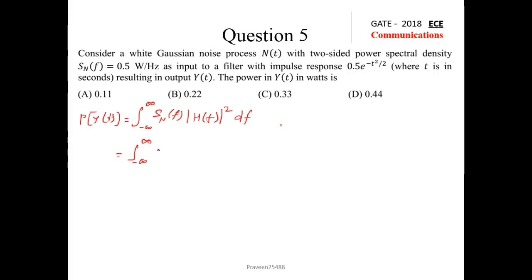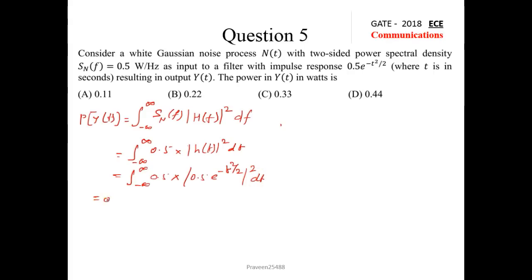So Sn of f is given 0.5, and using Parseval's theorem we can write it as the integral of magnitude of h of t whole square dt, and this term we can write it as 0.5 into 0.5 e to the power minus t square by 2, magnitude of this whole square dt.